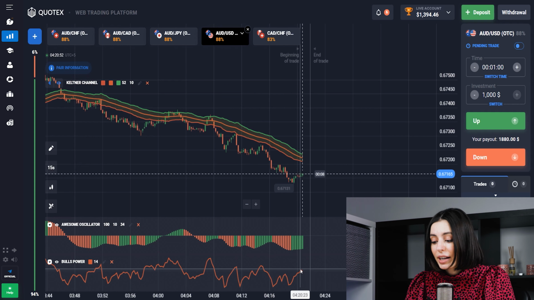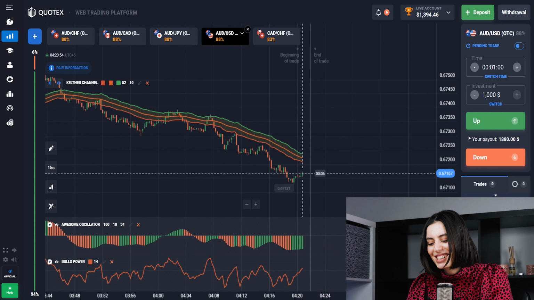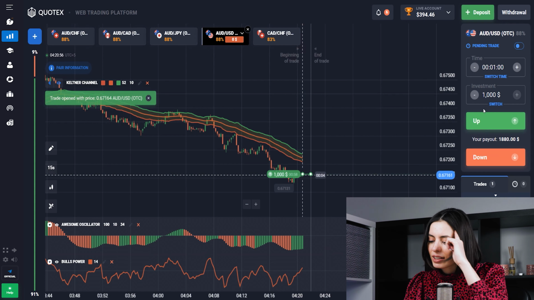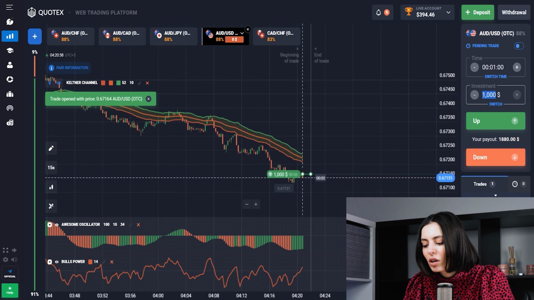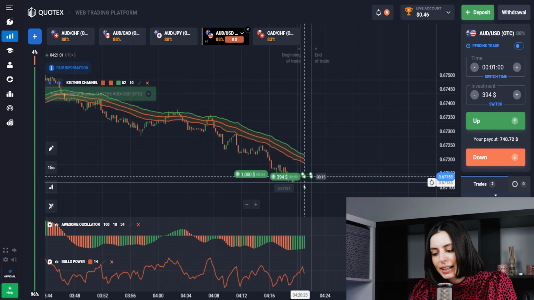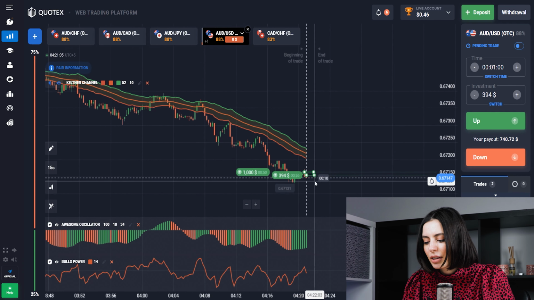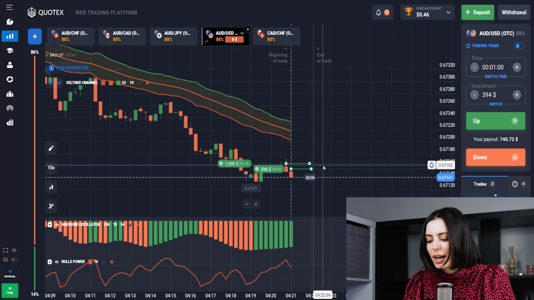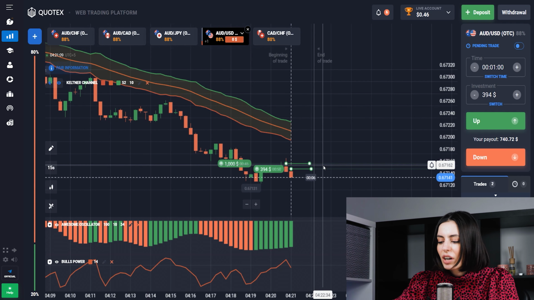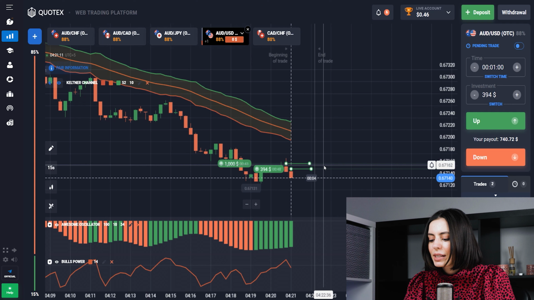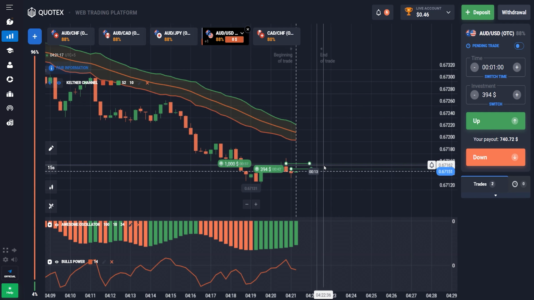Bull's Power is rising, with tiny changes, and the Awesome Oscillator has green candles below 0, getting smaller and tinier. And what about the Keltner channel? That's complicated, but I think the chart is trying to get inside of it, so it's going to be upward. Let's see.